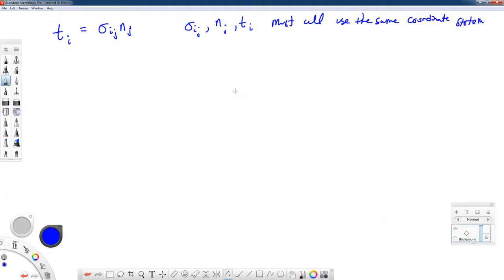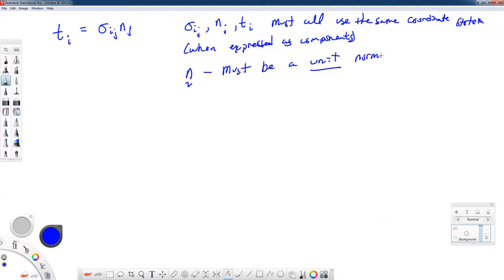Sometimes it's because they are thinking of things in different coordinate systems. So we put on here when expressed as components. The other thing to keep in mind is that this unit normal n must be a unit normal, in order for that to all work out.